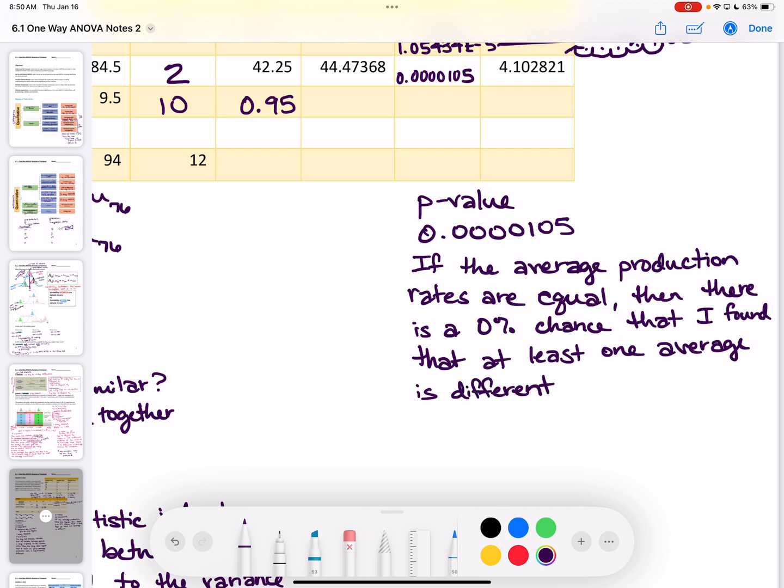That's my alternate. Everybody see that? So there's a 0% chance, because even if I move this twice this way, you're going to have 0.001%. That's tiny. So we just put basically 0. There's a 0% chance that I found that at least one average is different by random chance alone.